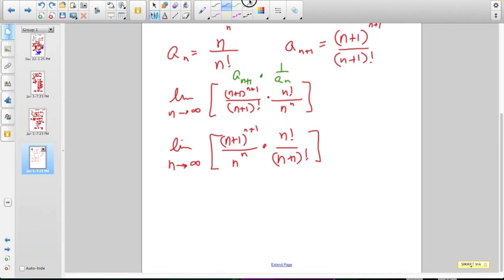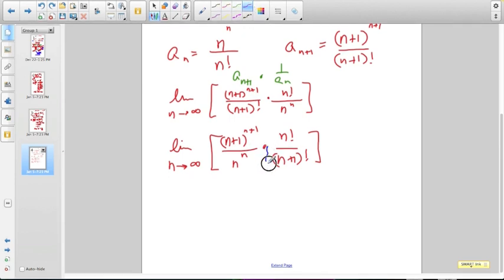So if we take a look at what this means in terms of canceling, we can think of this as like 5 factorial over 6 factorial. So we're talking about 5 times 4 times 3 times 2 times 1 over 6 times 5 times 4 times 3 times 2 times 1. So if we're looking at canceling, then we see that everything cancels top to bottom except for that first term, the 6.